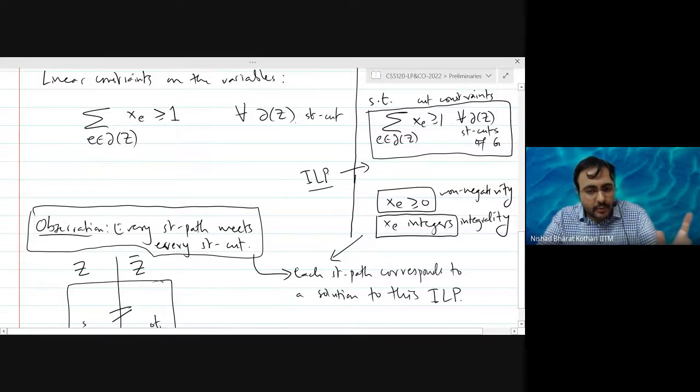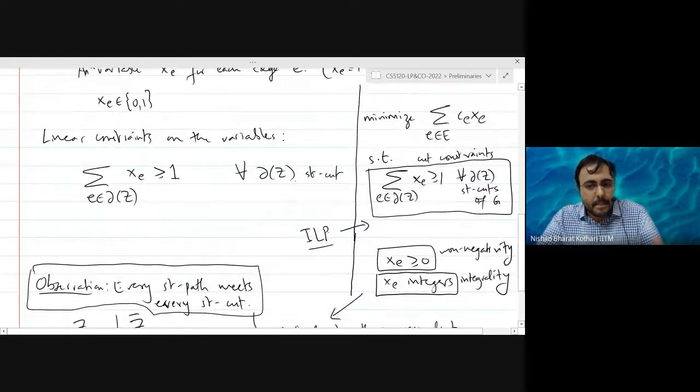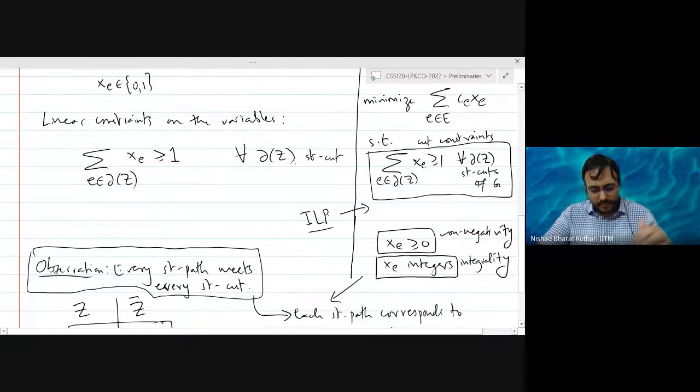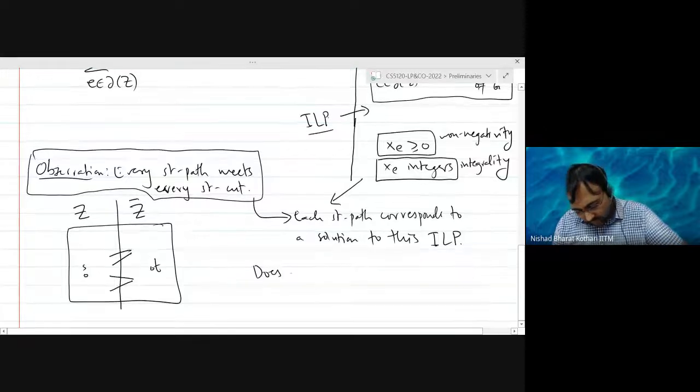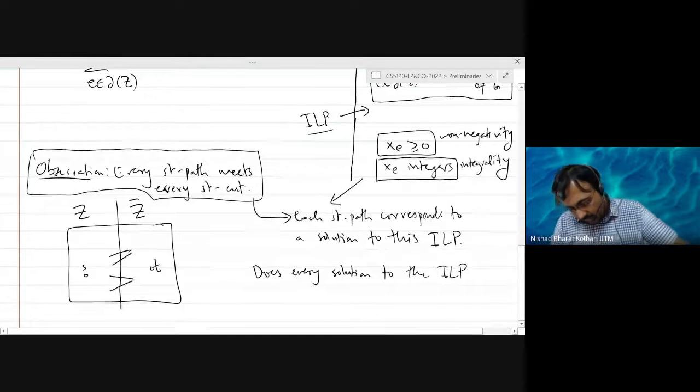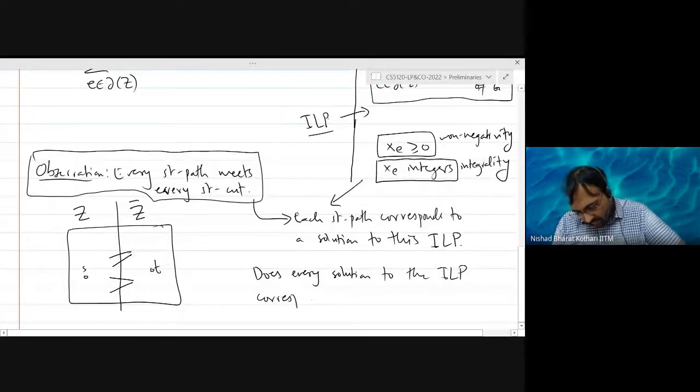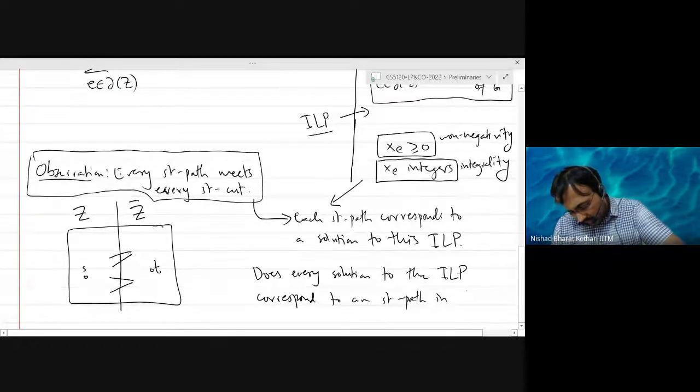Or are there more solutions to this integer linear program than the number of ST paths in the graph? Right? So the question is, does every solution to the ILP that we have written above correspond to an ST path in the graph G?